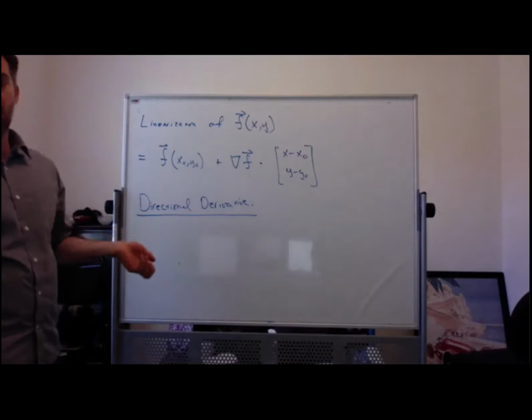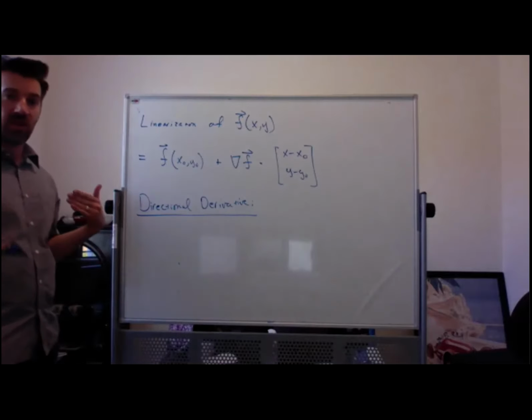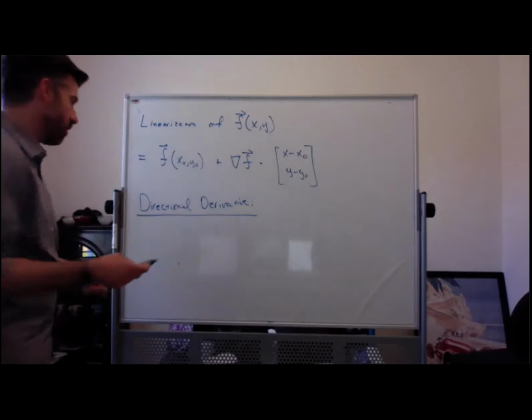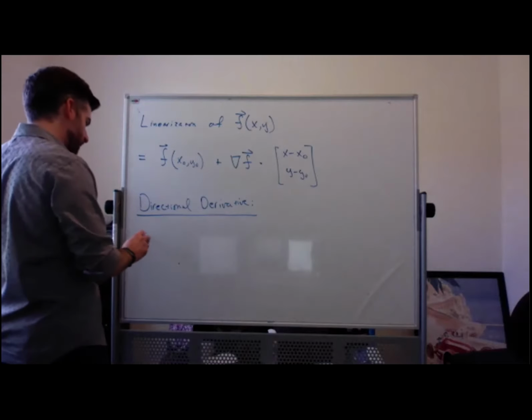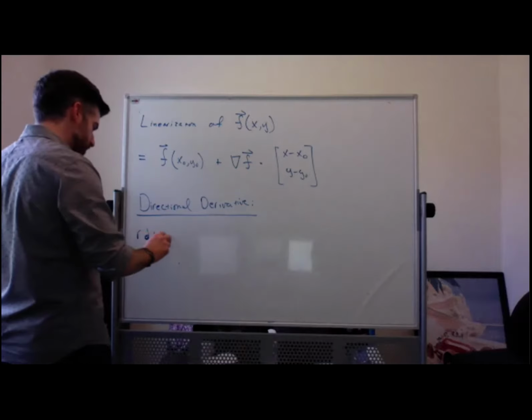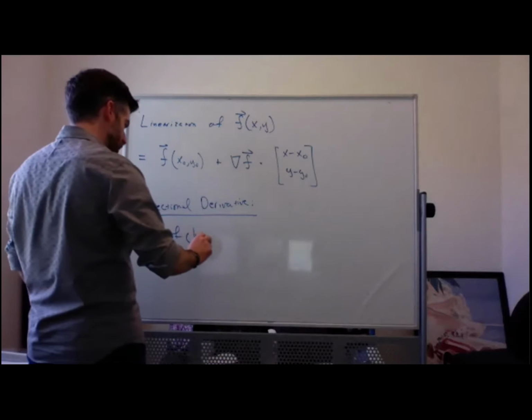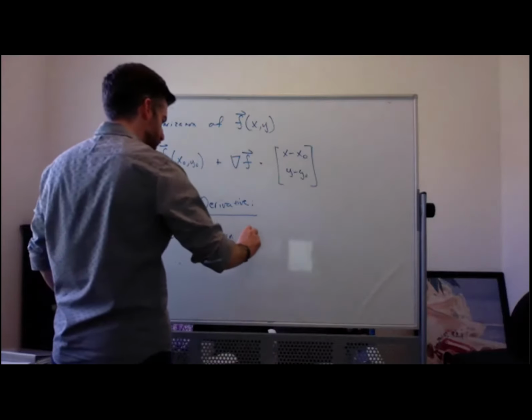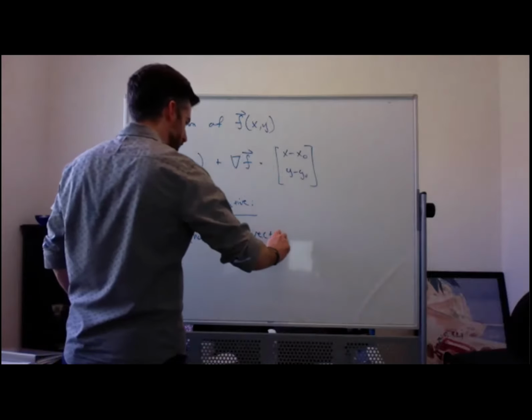But there are a lot more directions than just the x direction and the y direction. So we need to be able to differentiate, or find the rate of change, in directions other than just x and y.